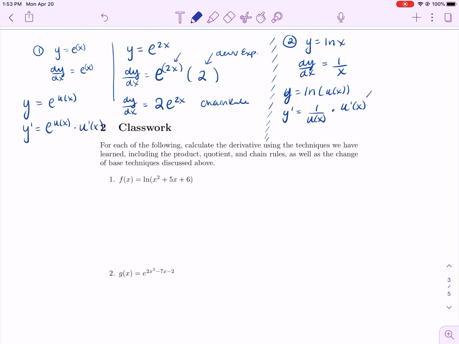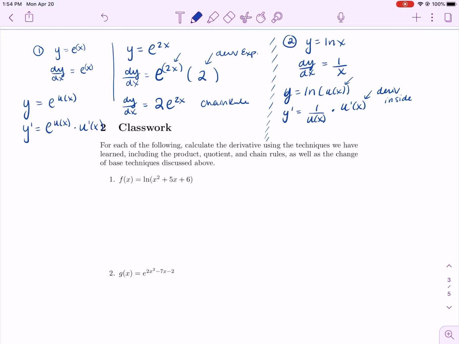The u prime is really just the derivative of the inside function, the function that was substituted in. You're going to follow the same exact idea with chain rules, product rules, and quotient rules.